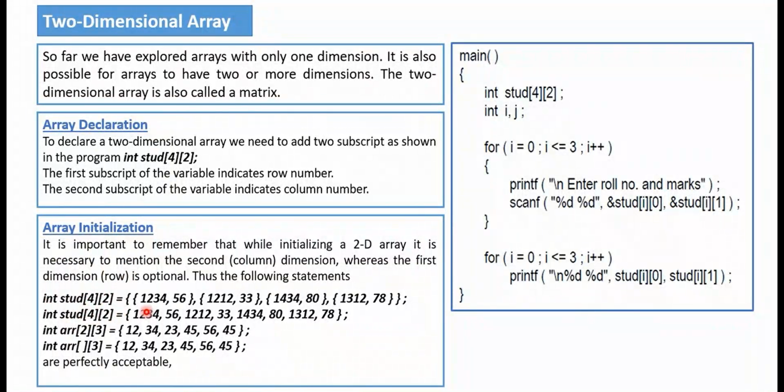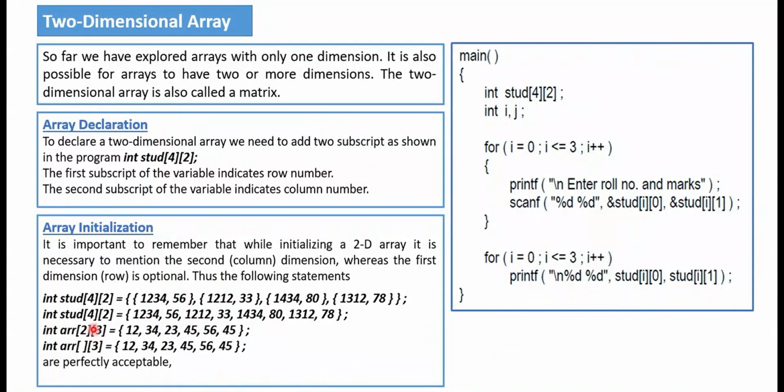So you can pass the values as {1, 2}, {3, 4}, {5, 6}, and so on. That means this is for row 1, this is for row 2, this is for row 3, and this is for row 4. Or simply you can just pass all the elements serially, okay, and they will automatically be added for row 1 column 1, row 1 column 2, row 2 column 1, row 2 column 2, and so on.